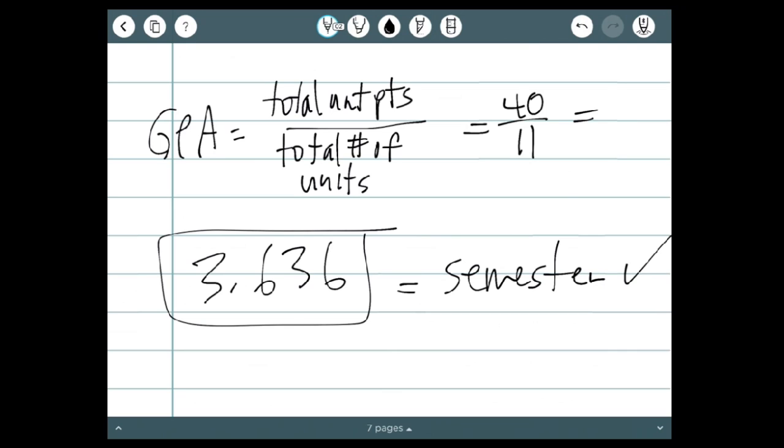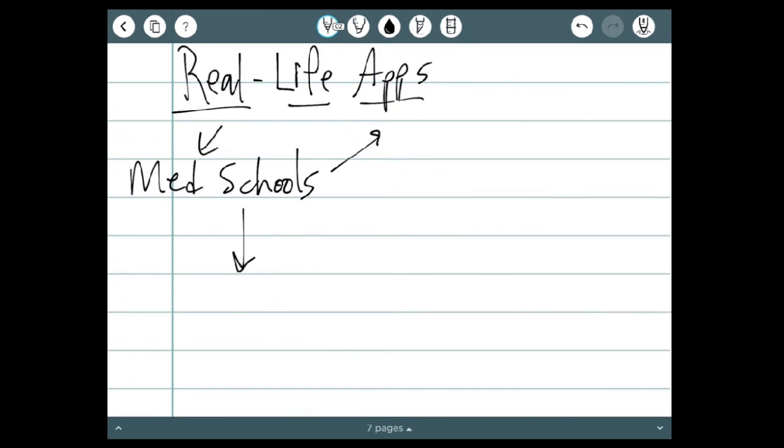That's awesome. Now, if you ended up doing this for 4 more semesters, you'd go down the list and keep going, and you'd basically average out all of the semesters, and you could come up with a cumulative GPA. One thing I do want to note here is there are some real life applications to this. A lot of medical schools will look at this thing called your cumulative GPA. What does that mean?